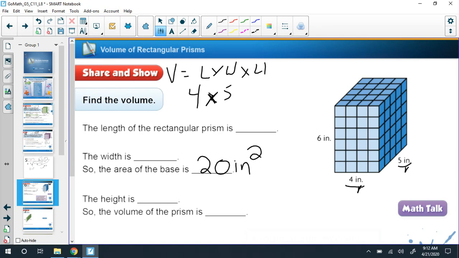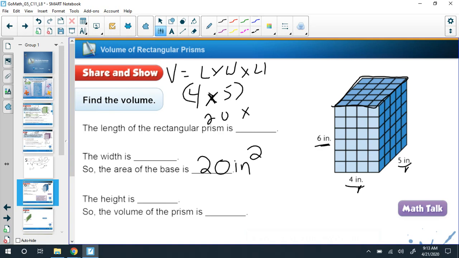We could see this if we just looked at the top of our rectangular prism, because it's going to be an exact mirror image of the bottom. And if we just look at the top, those are our 20 square inches. Now, the third step in this process is that after we find our base area by multiplying length times width, we're going to multiply it by the height. So 4 times 5 was 20.